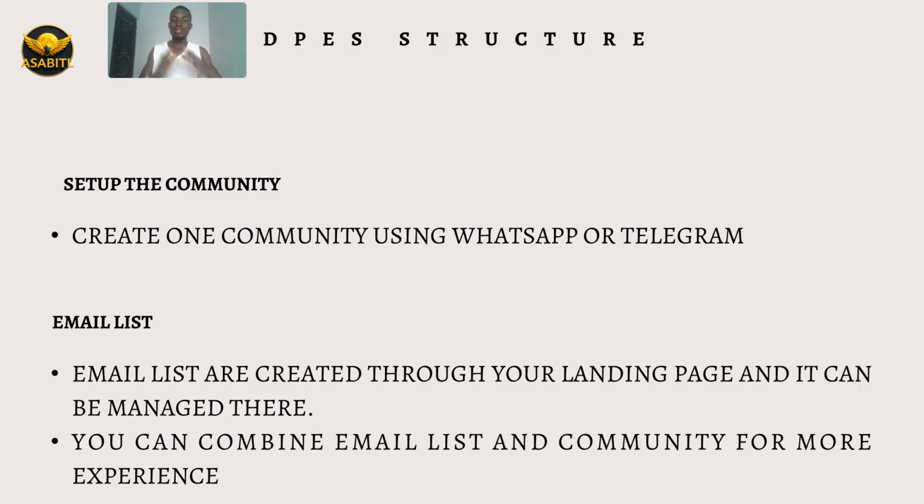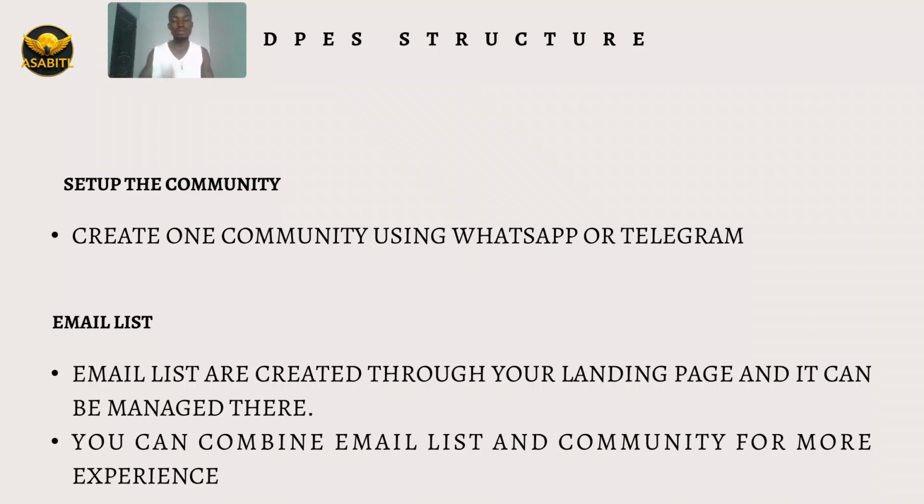At this stage of creating your community, you want to create a welcome message and keep it aside, because once we get to the sell process, we're going to get to the free community also. So you'll be using those welcome messages as I'm going to explain later. Or you create your email list. Email lists are created through your landing page and can be managed there.